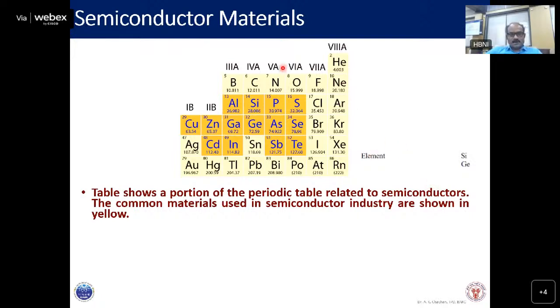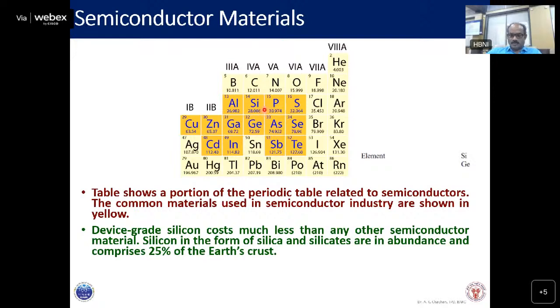So if we now see semiconductor materials, this table shows a part of the periodic table which is related to the semiconductor materials. Normally, the elemental semiconductors are silicon and germanium, two materials which are elemental semiconductors. There are also other materials which are combinations of elements that can give you semiconductor properties.